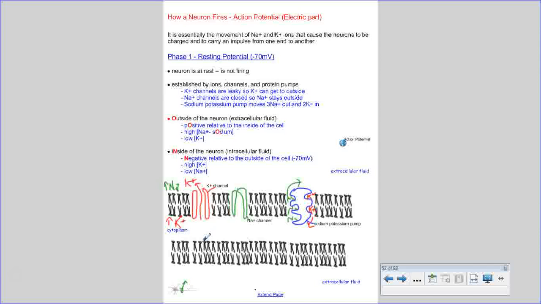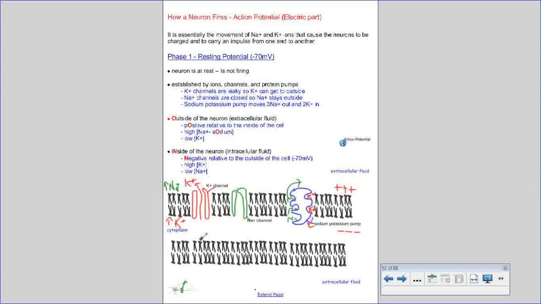The net charge of the membrane when it's resting is positive on the outside and negative on the inside, because there's so much more sodium on the outside with reference to the amount of sodium or potassium on the inside. It's much more positive on the outside of the membrane.